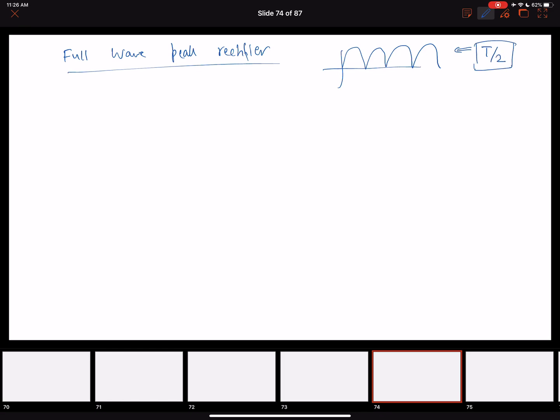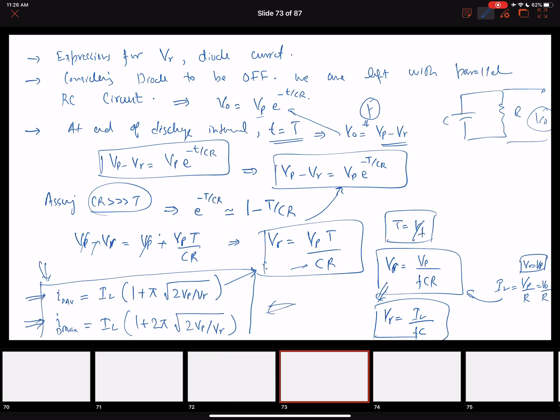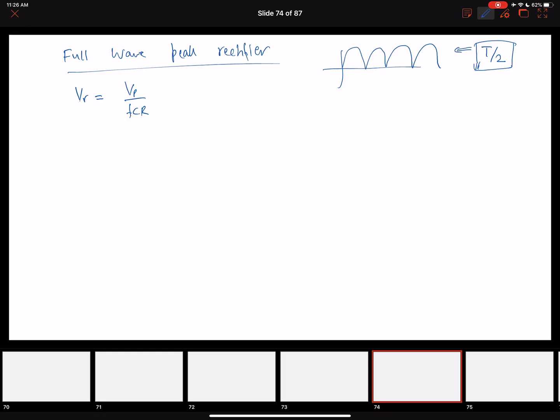So my initial ripple voltage was Vp over fRC. Now the time period has been reduced by 2, or the frequency has been increased by 2.